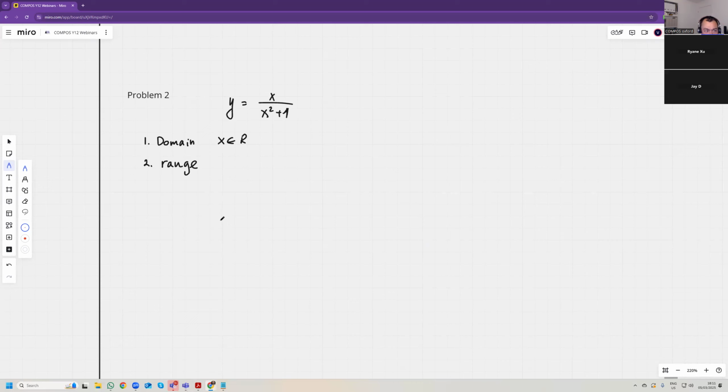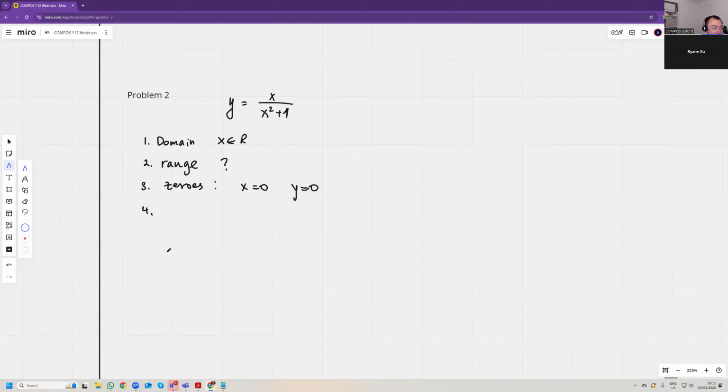It's usually very difficult to find the range. Don't worry too much about that. We can get to it later. You're not required to do everything on the list. So the zeros. Well, the only zero is 0, so x equals 0. When x equals 0, y is 0, so that's also the y-intercept as well.